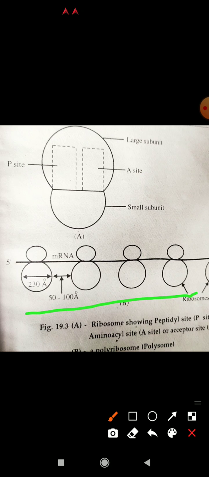See, this is the smaller subunit, and if this is the mRNA, the 5' end attaches to the smaller subunit for the first time. The larger subunit contains an enzyme called peptidyl transferase or peptide synthetase, which is involved in the formation of the peptide bond between two adjacent amino acids.